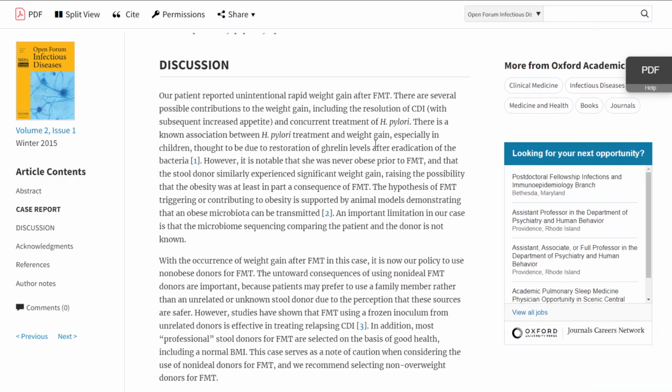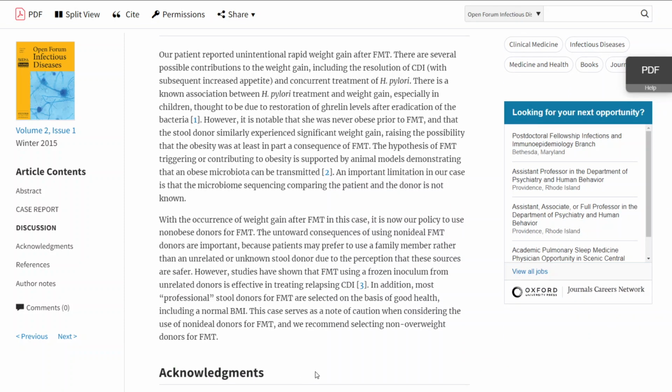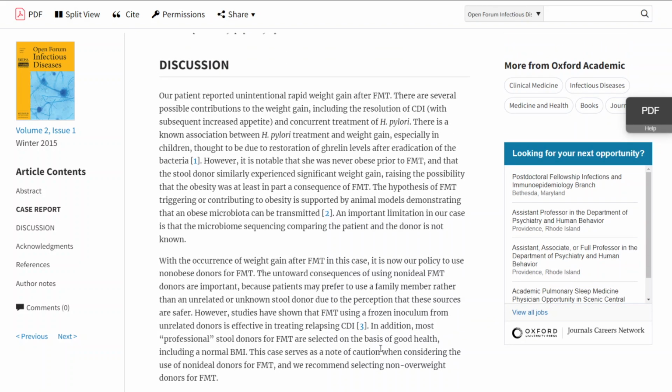Okay, so basically, this is a case report of a person who was not obese, then got a gut microbiome from an obese person, and then she became obese despite efforts to lose weight with exercise and a liquid protein diet, which doesn't sound like the best diet, but anyways, whatever the case, it was a rapid weight gain after this transfer.